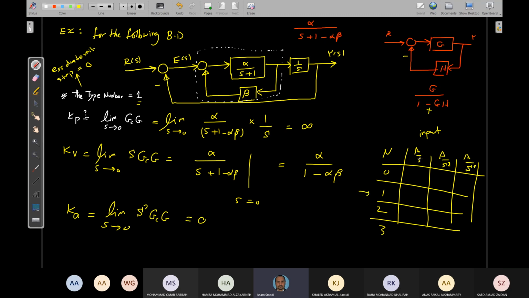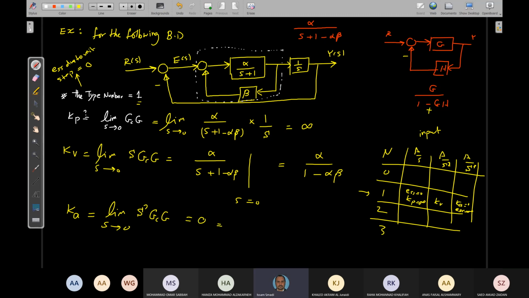When type 1, the steady state error for the step equals 0 because KP equals infinity. Here KV has a value, but here KA is equal to 0 and the steady state error will equal infinity. So this one also I don't need to calculate, but if you evaluate the math, it will give you 0, correct?